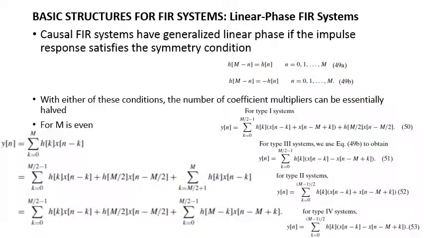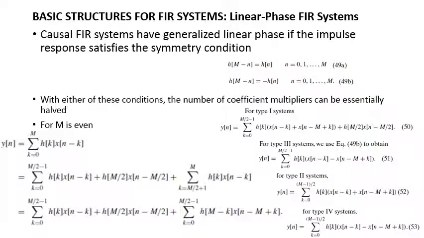So with these conditions, either for the type 1, type 2 or type 3, type 4, the number of coefficient multipliers can be essentially halved, because you understand the response is symmetric or antisymmetric, so the number of coefficients required is halved. So let's take the example when M is even.